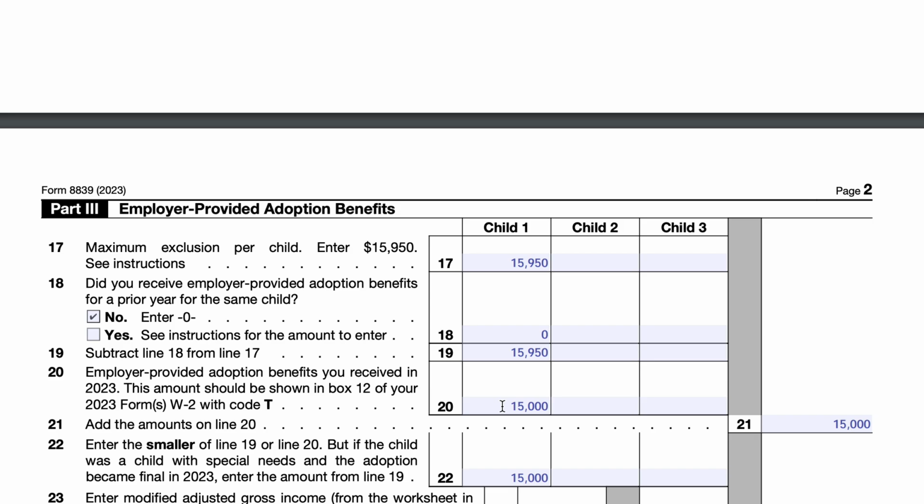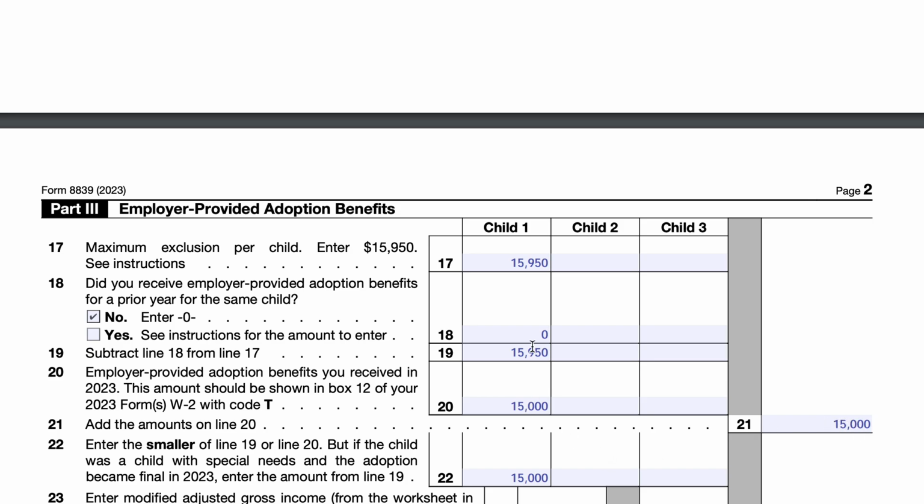Let's imagine that John's W-2 shows $15,000 of adoption benefits in box 12, marked with a code T for adoption benefits. So for all children, we're going to add those amounts. And for Elizabeth, that happens to be just this amount right here.